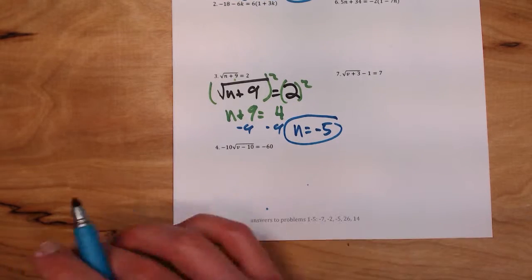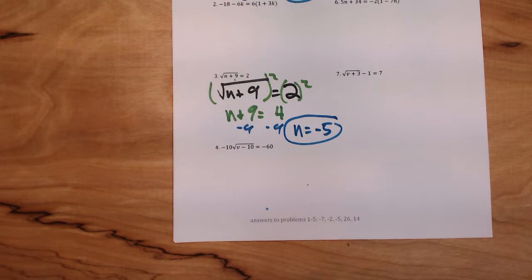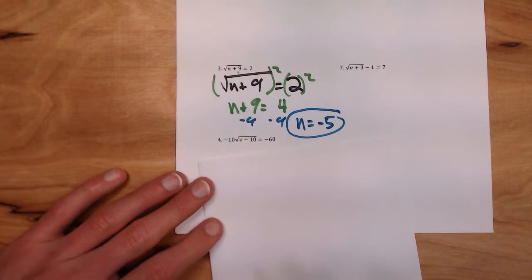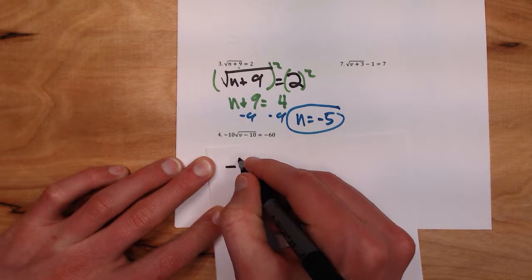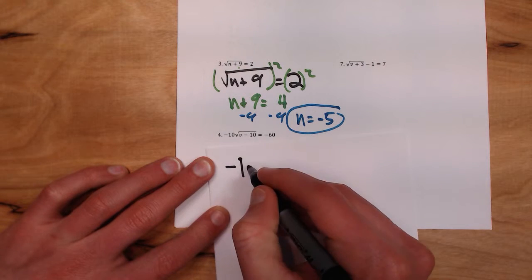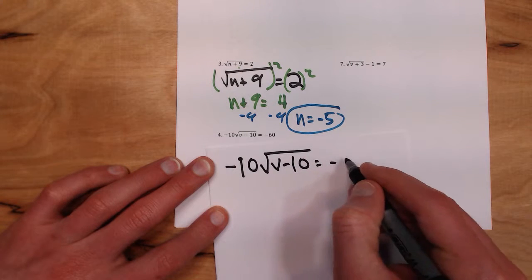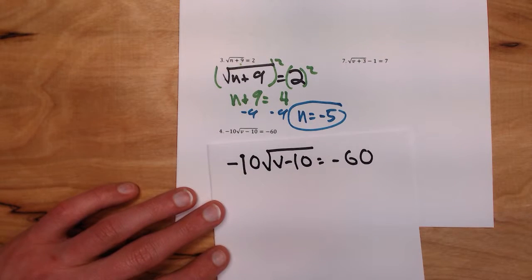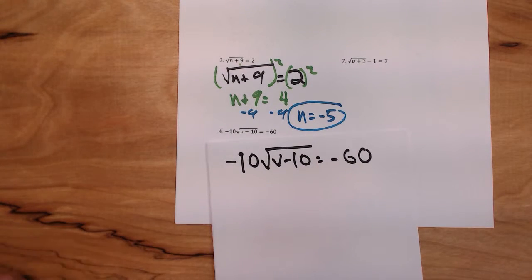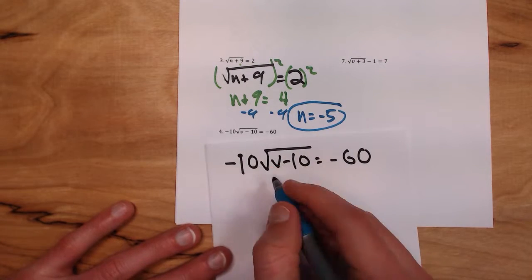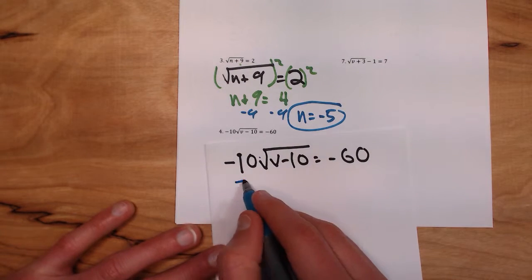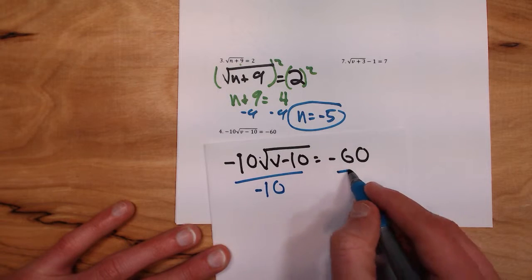There you go. All right, negative 4 is going to take a little bit more space, I think. Well, maybe, we'll see. So not negative 4, this is number 4. So negative 10 times the square root of (v minus 10) equals negative 60. First thing I want to do, get rid of this negative 10. So right now it's multiplied. So I would like to divide it.